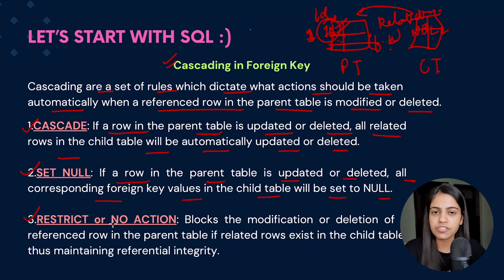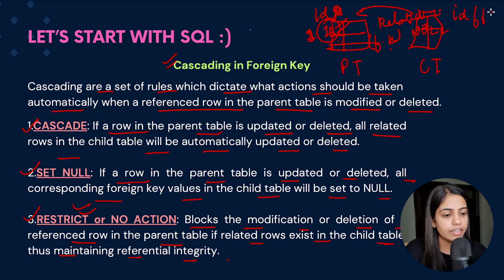Now the third one is restrict or no action. What it does is block the modification or deletion of a reference row in the parent table if a related row exists in the child table, thus maintaining the referential integrity. So if I provide this command at the last of creation of the table, consider that there is an ID here and the same ID is present here, acting as a foreign key.